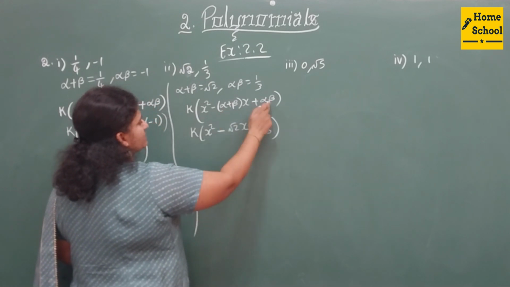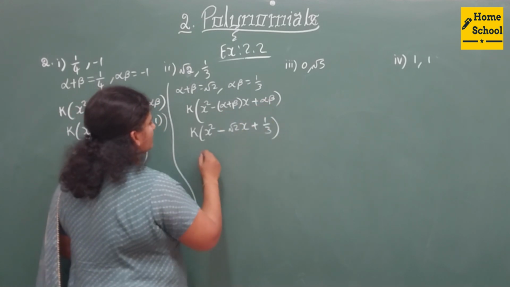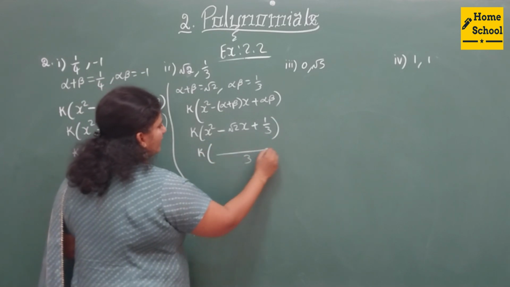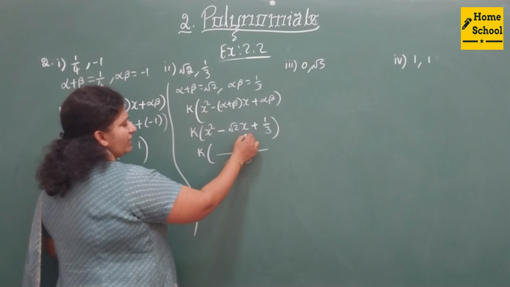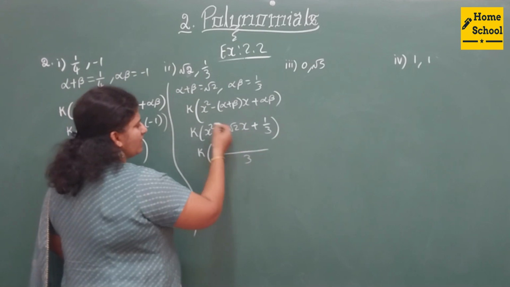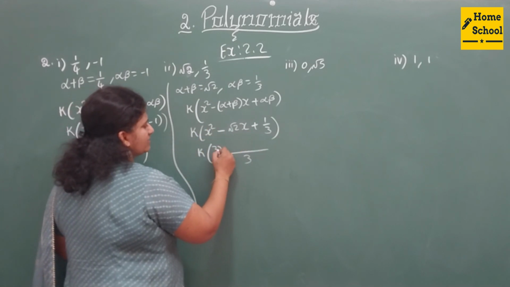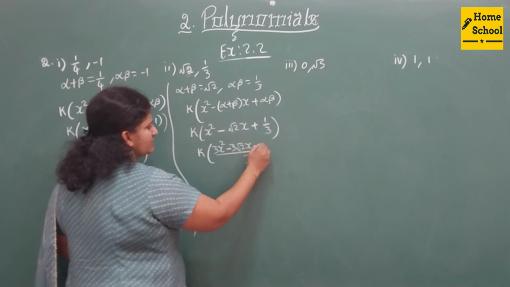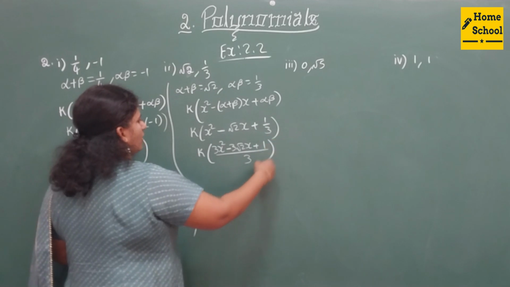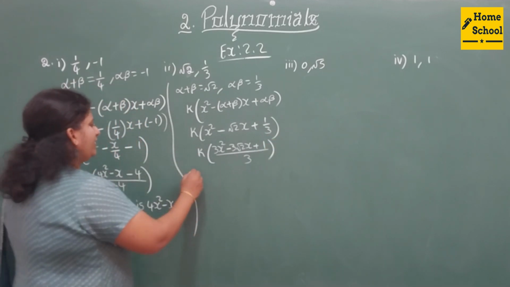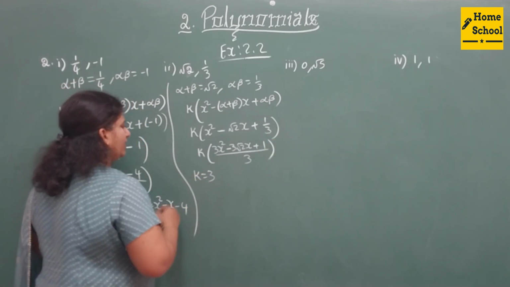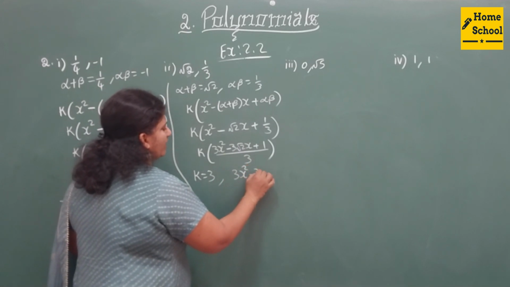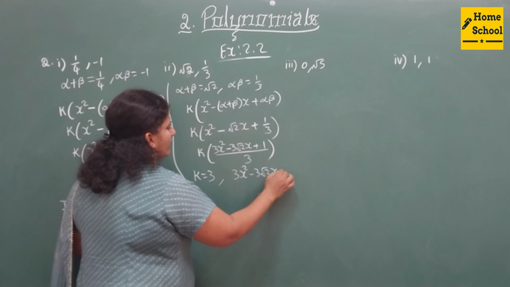Instead of alpha plus beta and alpha beta, substitute the values. K into, now do LCM, 3 denominator, 1 you have in the denominator. So multiply 3 for the numerators here, 3x square minus 3 root 2x plus 1.